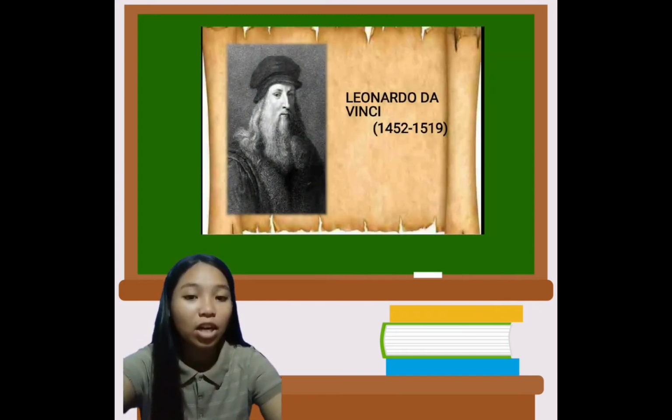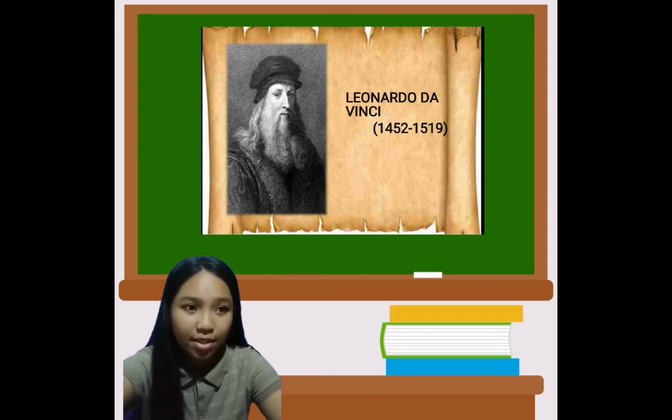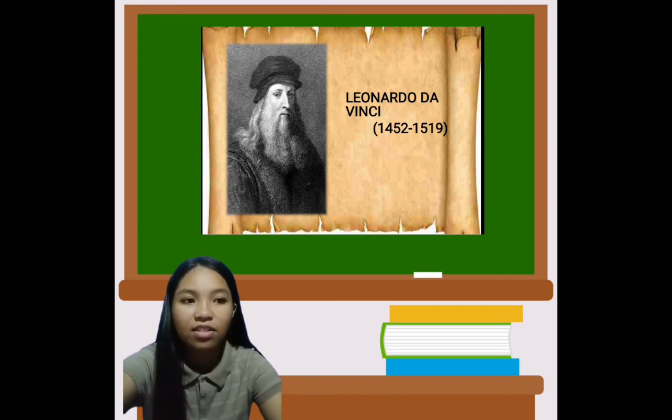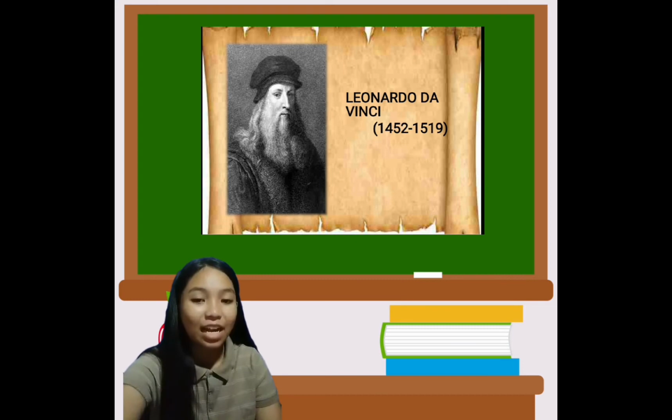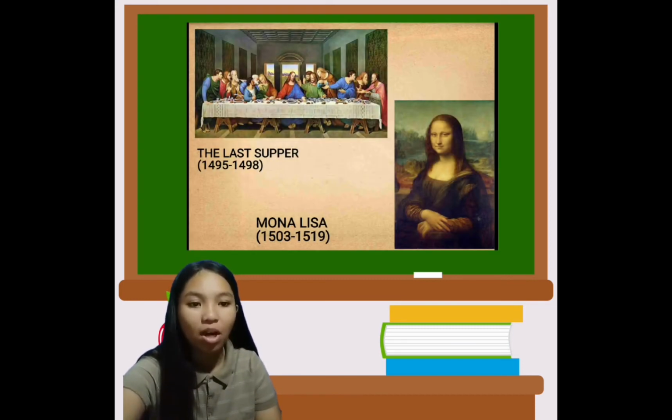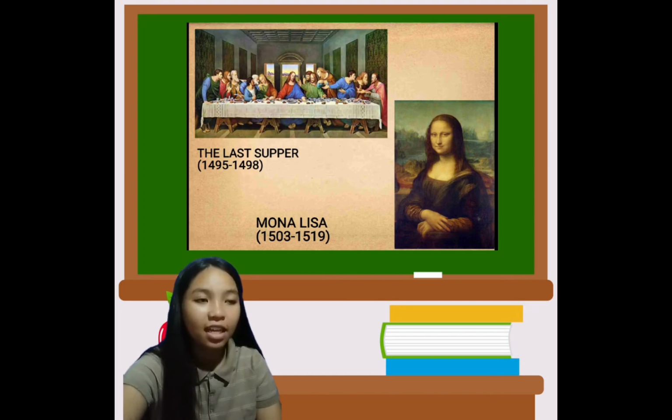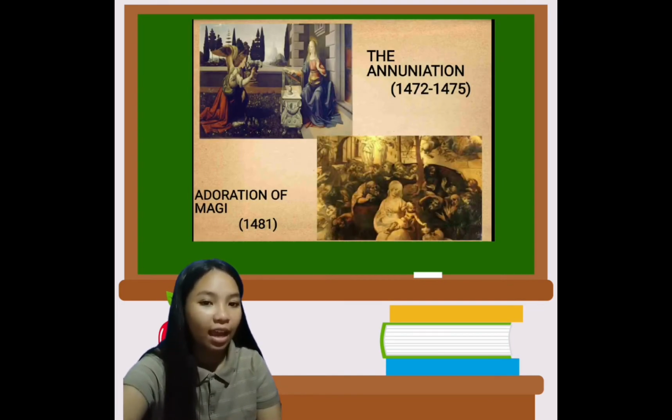First is Leonardo da Vinci. He is an Italian polymath of the High Renaissance who was active as a painter, engineer, scientist, theorist, sculptor, and architect. And these are his major artworks: The Last Supper, Mona Lisa, The Annunciation, and Adoration of the Magi.